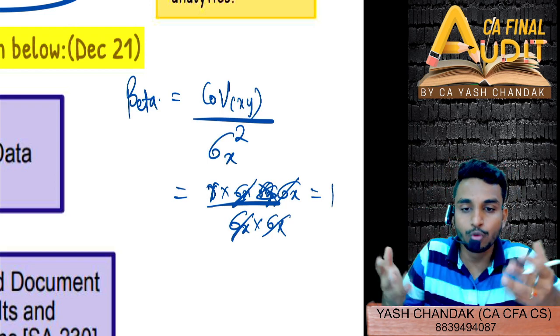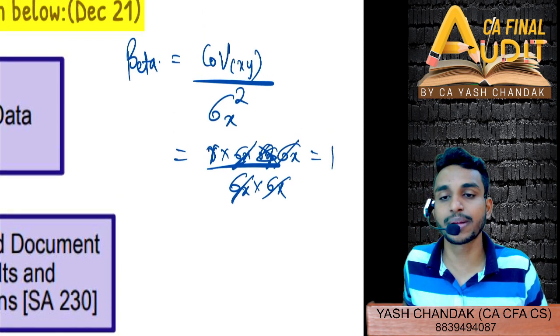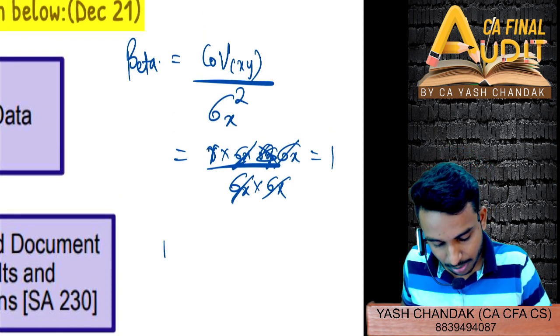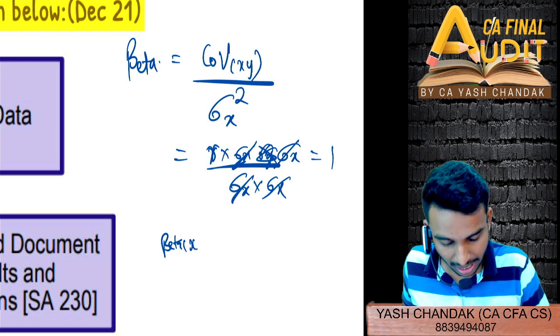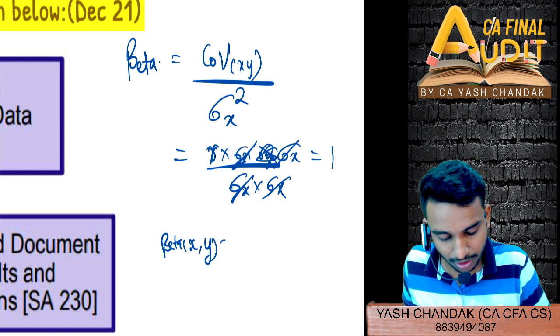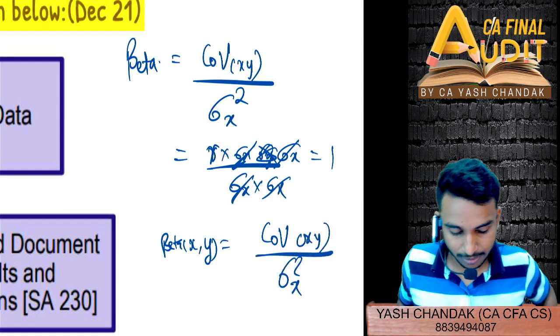What is the correlation of you with yourself? 1 only. So beta of market with respect to the market index is 1. Similarly, beta of any stock y with respect to market x will be Cov(x,y) divided by sigma squared x.